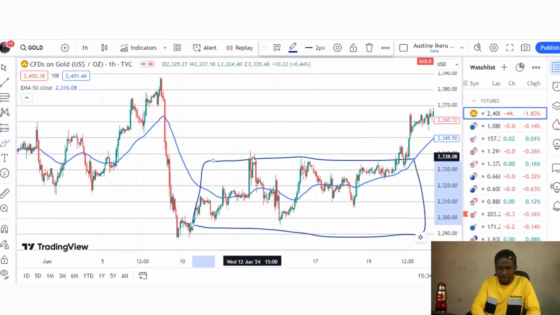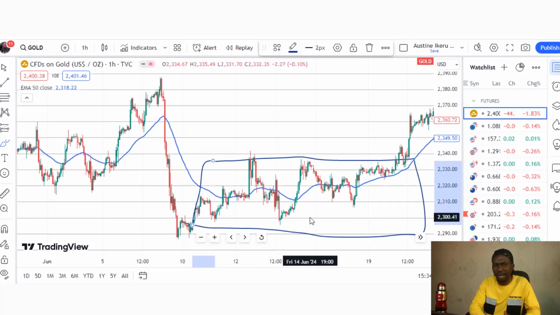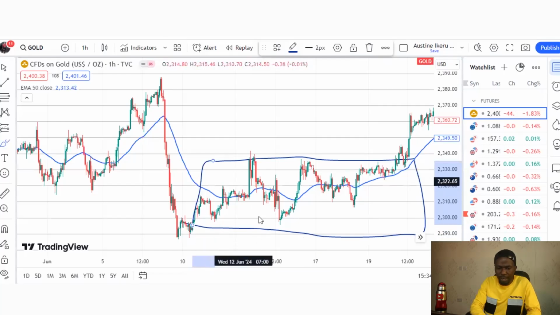The price is going up, coming down, going up, coming down. So once the price is breaking below and above the moving average consistently, it means the market is in a range. So this tells you that from here to here the price is consolidating.